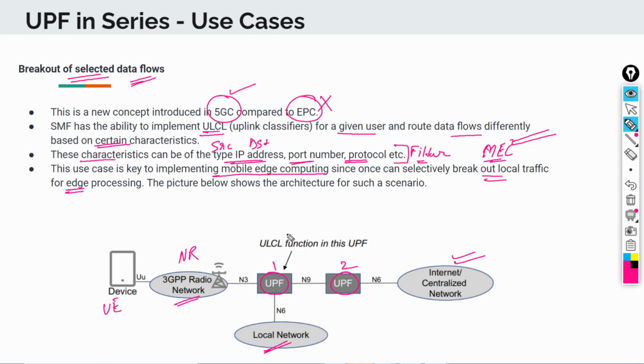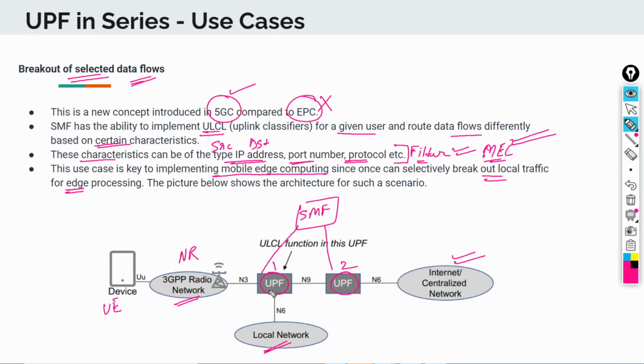Now what will happen is each of these UPFs will have a connection to your session management function, right? And the session management function can provision certain rules based on the filtering criteria that we had looked at, something like a source or destination IP address, port number, or protocol.